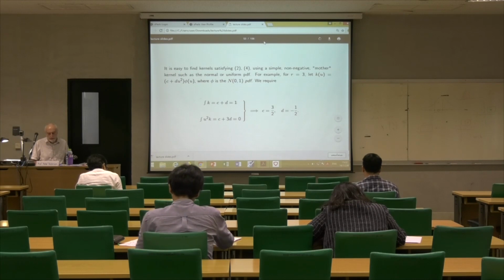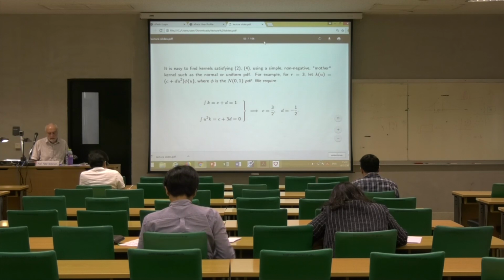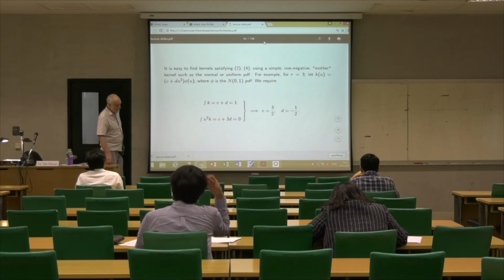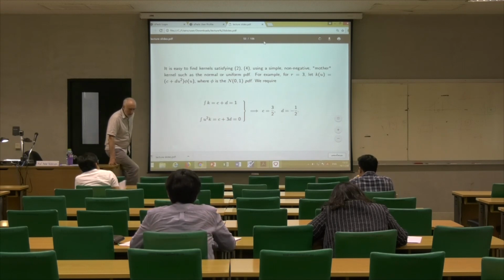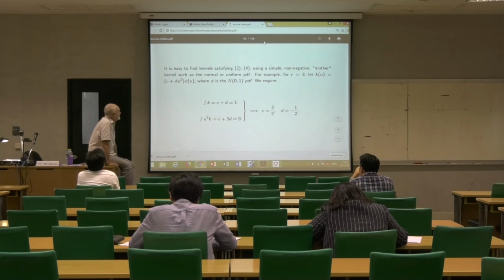Let's suppose, for the case r equals 3, I've introduced the concept of a mother kernel here, which is a non-negative kernel, an obvious one that we've introduced before, like the normal density or the uniform density.